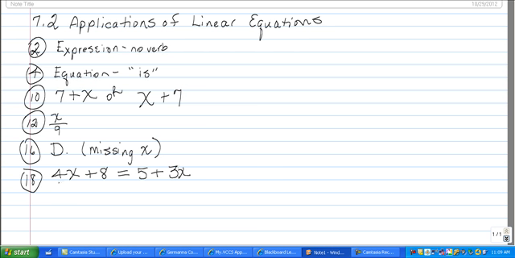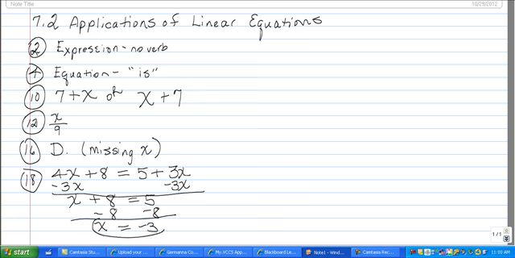So we want to get our x's together. So I'm going to subtract 3x from both sides. I get x plus 8 equals 5. Now I subtract the 8 from both sides to get the constant terms together. And I get -3 for my x. So let's see if it works out.